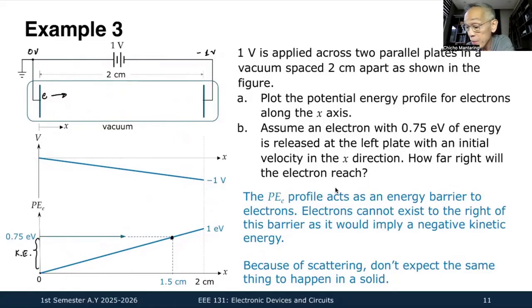But then, if you introduce an electron on the left with initial velocity to the right, it may not reach 1.5 centimeters because of scattering. Before it arrives at 1.5, it would have collided with other electrons or with the nuclei of the silicon, and it will lose energy. So it will not be the case if this were a solid. That's why it was emphasized that this is a vacuum.